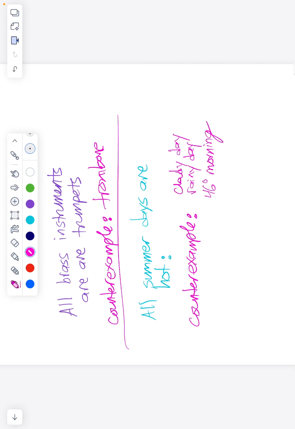My wife and I lived in Fort Collins for a while, and one 4th of July, it was like 50 degrees, no joke. It hailed, and this big storm came in, and it was cold. It was pretty chilly. So a 50-degree 4th of July. So these are specific examples that disprove my conclusion that all summer days are hot. Okay?